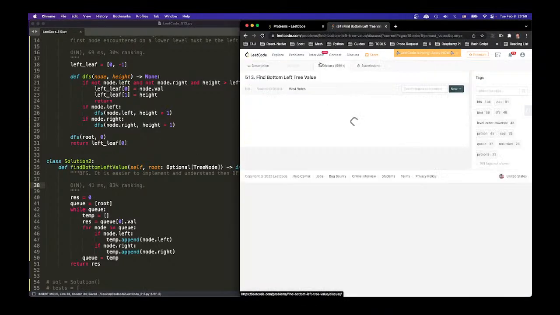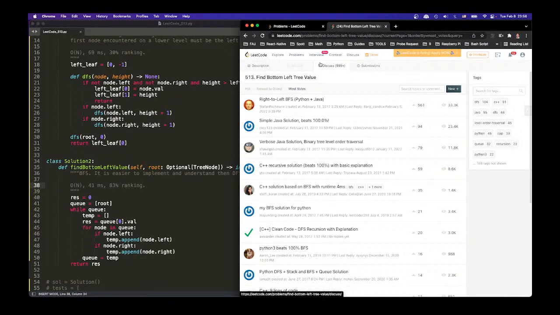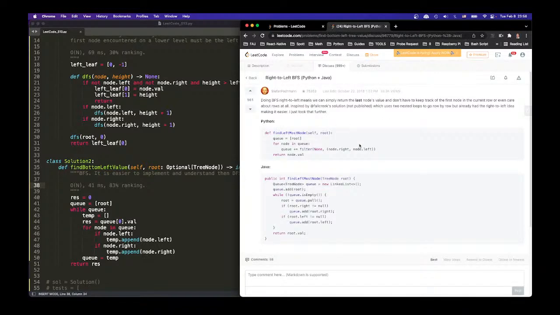Okay, just glancing through the discussion. Left to right, BFS. Is this a node?